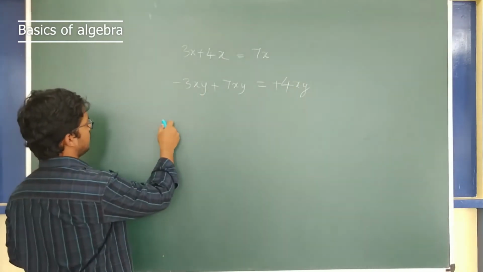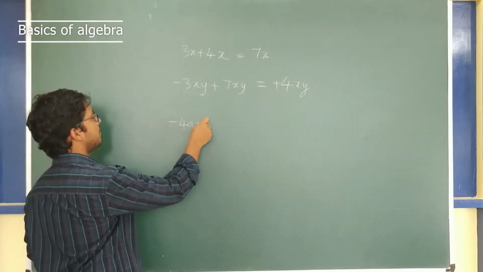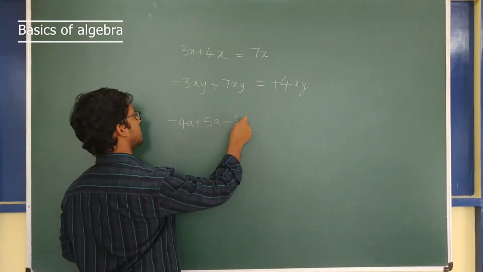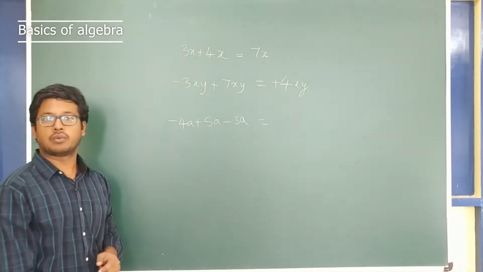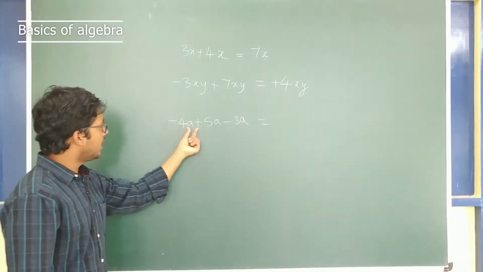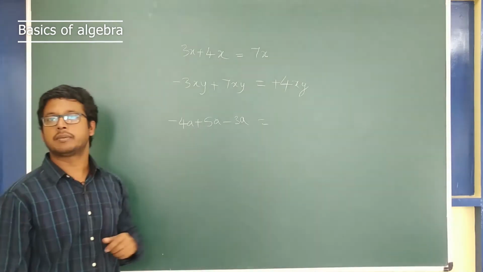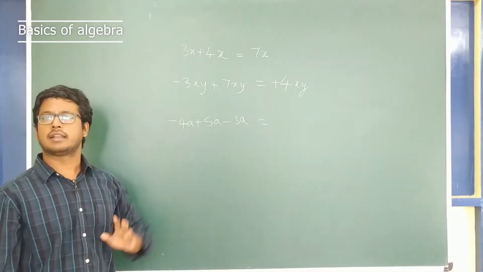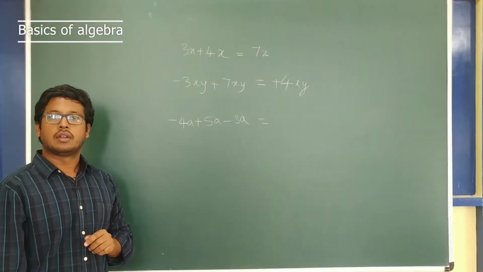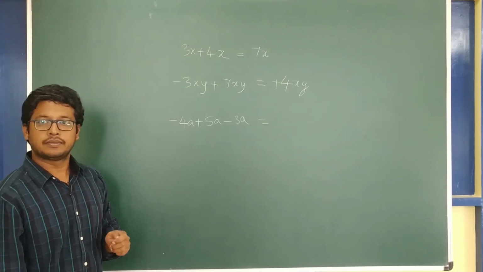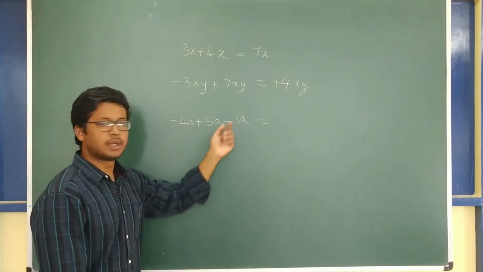Let's take another example. Let's say minus 4a plus 5a minus 3a. So what would this be? Again we have a and a, so all of them are like terms, so we can simply add them. In order to add them, we add the numerical coefficients.